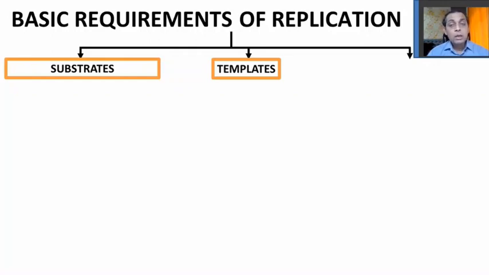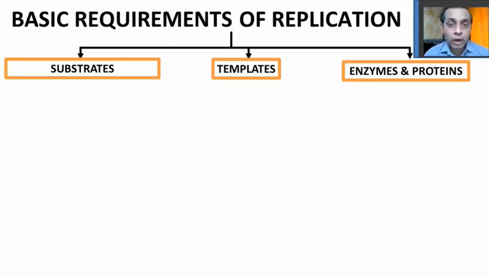Then the DNA itself, which is to be replicated, we call it the template, is a basic requirement. And the most important requirement is the enzymes and proteins which bring about this process of replication.